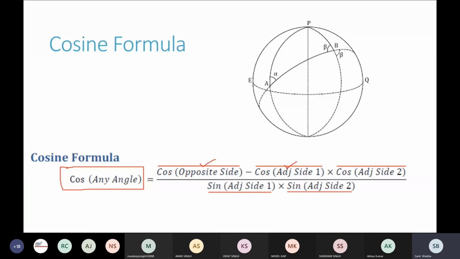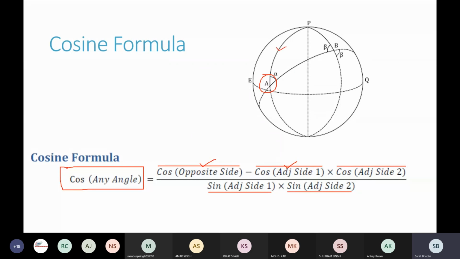Now for this, you have to assume any one angle in this triangle. So can you tell me which angle you want to take? Alpha. Okay, so let's take angle alpha. Now, if you see in this triangle, there are 2 sides which are involved in making this angle.